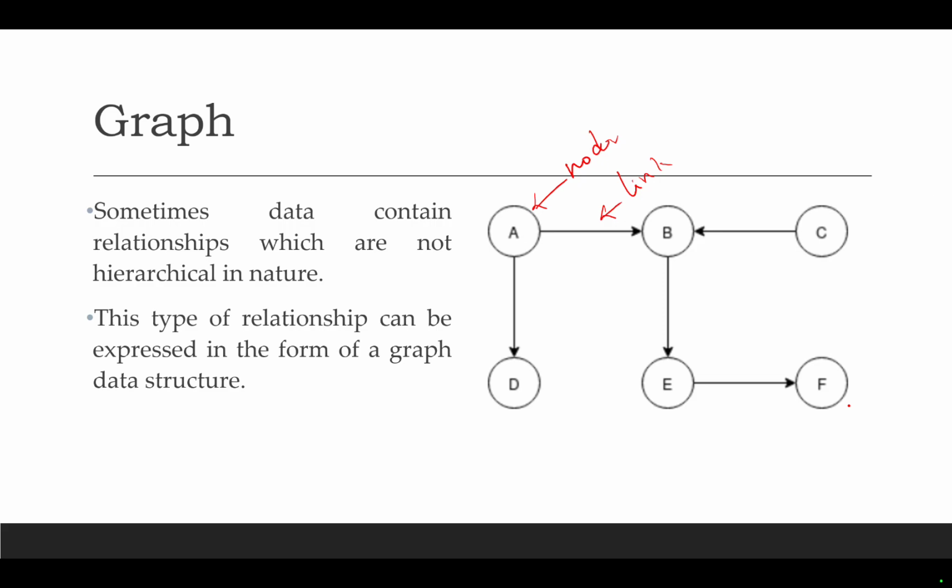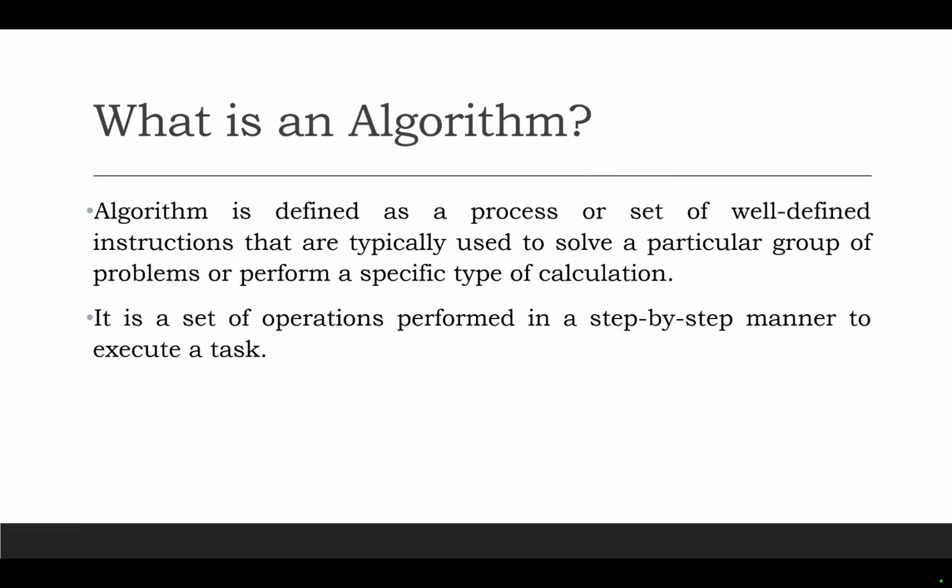The graph is used to solve the most challenging and complex programming problems, and it has different terminologies such as path, degree, adjacent vertices, connected components and so on. In upcoming videos we will see it briefly.